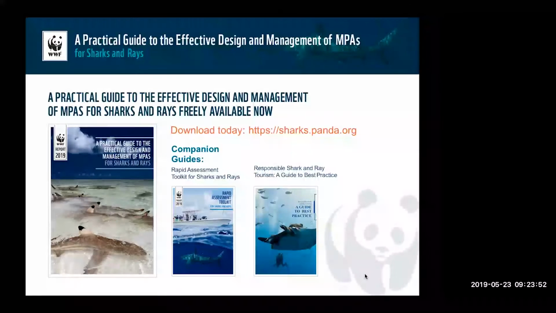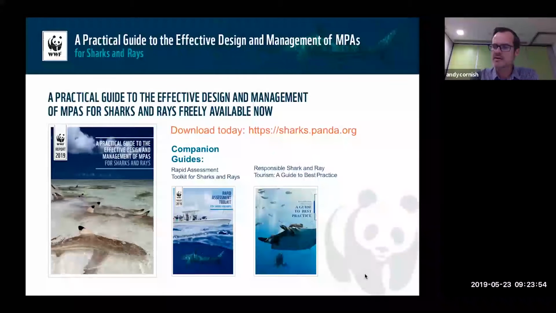Well, I think like MPAs in general, effectiveness can be something to do with the health of the animals itself, and looking at either keeping populations healthy or restoring depleted populations.